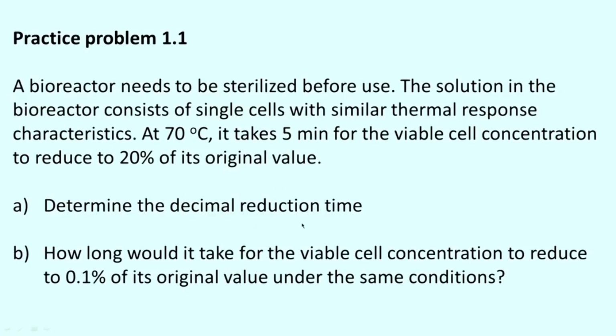Remember, we said it was an important parameter. So, determine that first. And B, how long would it take for the viable cell concentration to reduce to 0.1% of its original value under the same conditions? This is a problem for you. You need to know how to solve problems. We will probably touch upon that, or at least I will show you some thinking behind the solution, when we begin the next lecture.